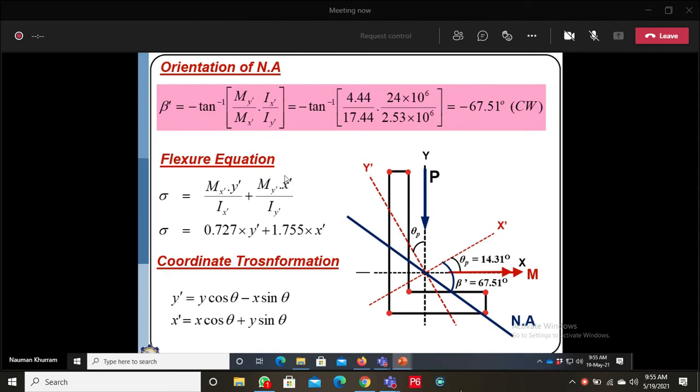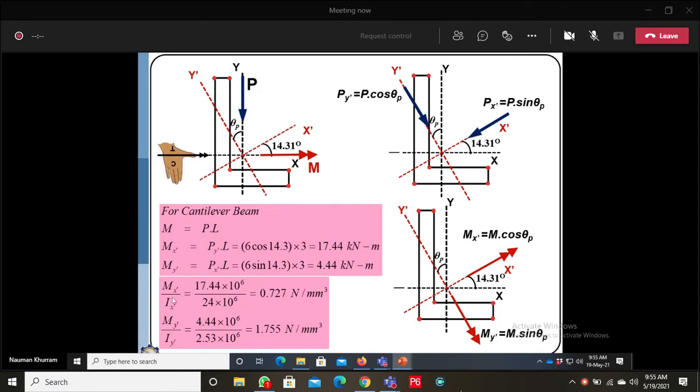So we will see how we can compute. y bar and x bar may be variable with reference to the point under consideration. But for the entire cross section, Mx bar, Ix bar, My bar and Iy bar will be constant. So if these parameters are constant, why not compute them separately to further simplify this equation?